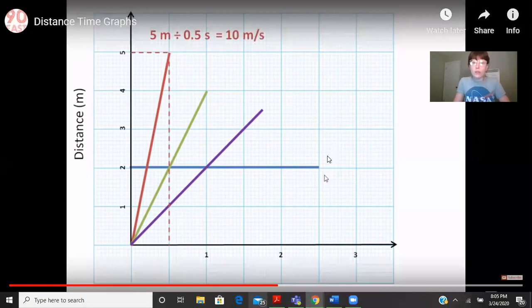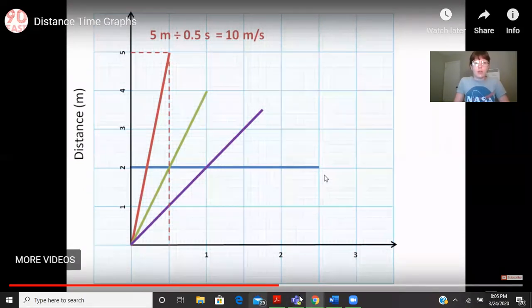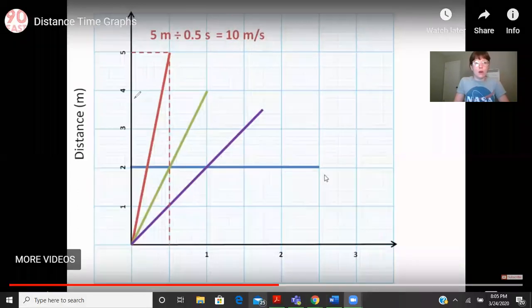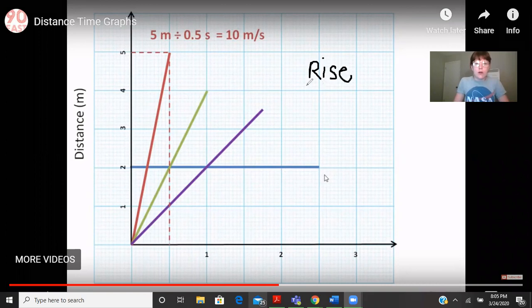All right, so we can do this. I'm going to go to the annotate. Let's see how this goes. So remember, it's rise over run. Bad handwriting. Rise over run.